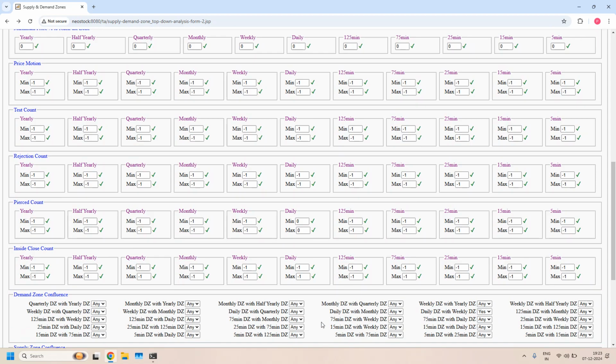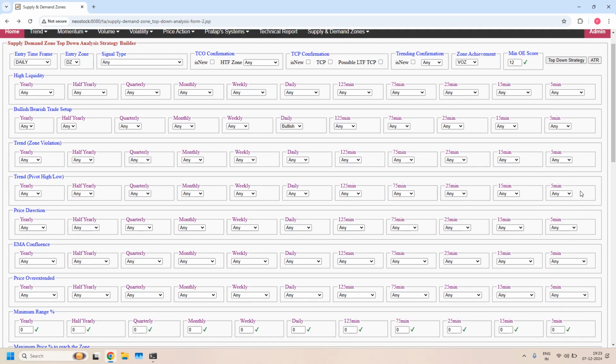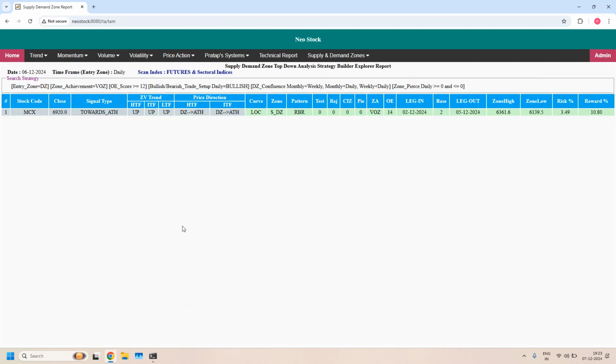The first filter is already enabled, that is the daily demand zone in confluence with the weekly demand zone. The next filter is daily demand zone confluence with monthly demand zone. And the third filter is weekly demand zone confluence with monthly demand zone. With all the 3 filters, LTF, ITF, HTF demand zone confluence, we got only one stock.